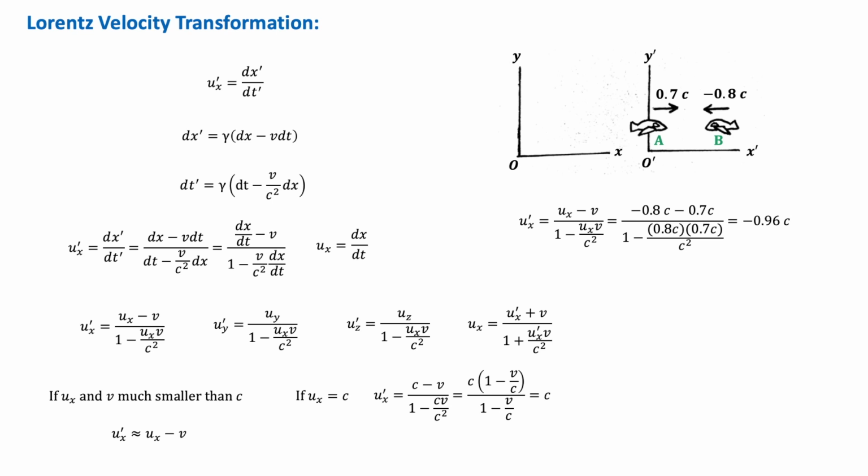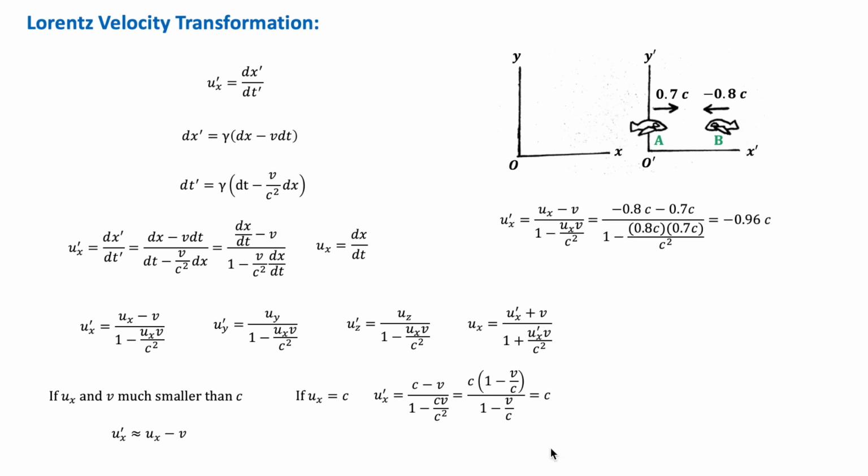So as an example, suppose that two spaceships A and B are moving in the opposite direction, and suppose an observer at rest on Earth in the frame S here measures a speed of 0.7 c for A and a speed of 0.8 c for B. Then we want to find the velocity of B relative to A, okay?